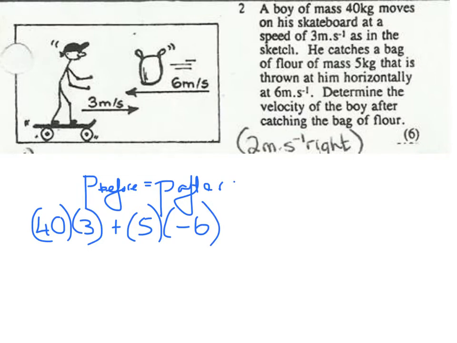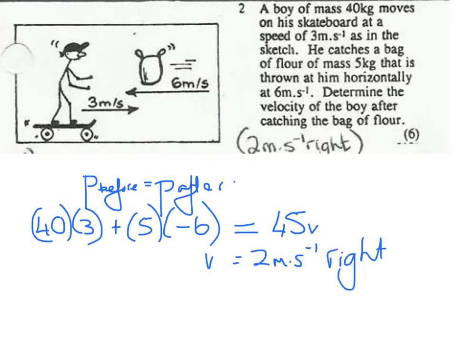In other words, going to the left, I'm going to make negative, is equal to their combined mass, which is now going to be 45 multiplied by some or other velocity. And what I land up getting there is that velocity turns out to be 2 meters per second. And it is going to have a positive answer, which means it is to the right. Why? Because at the beginning I made the right positive and the left negative.